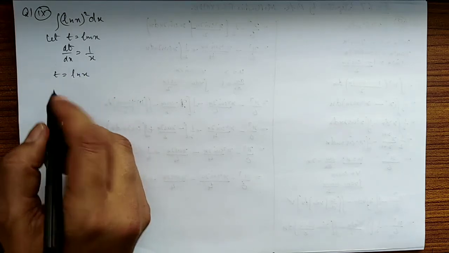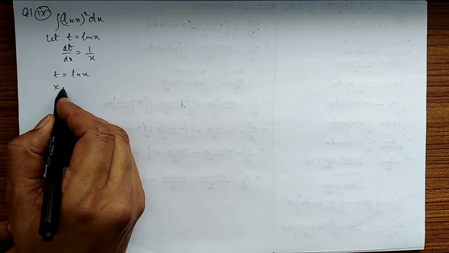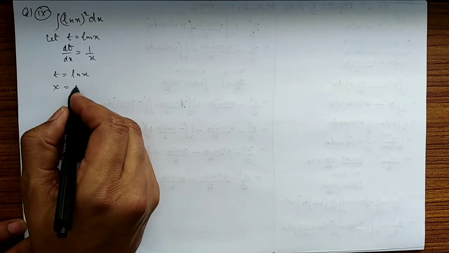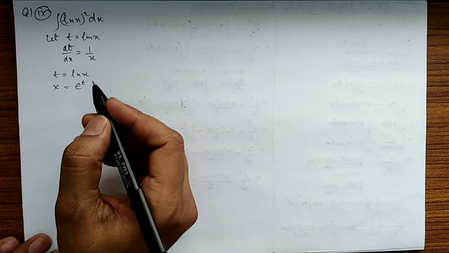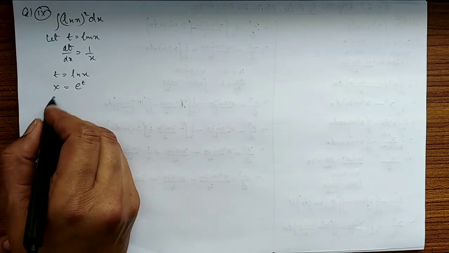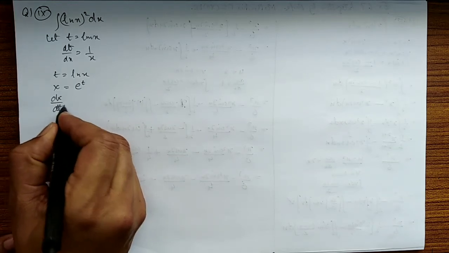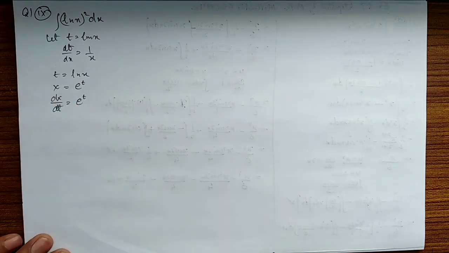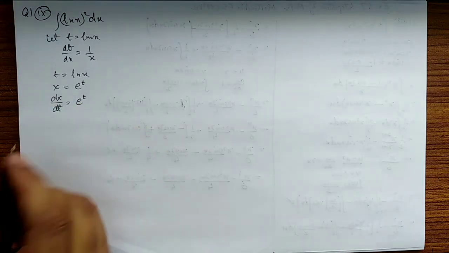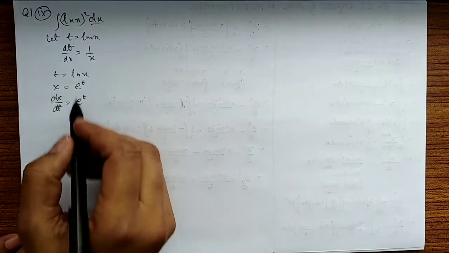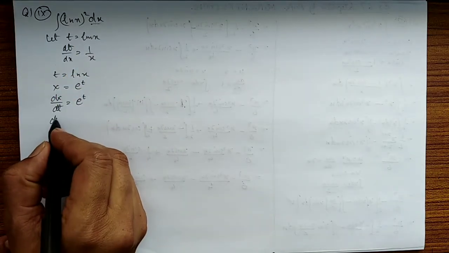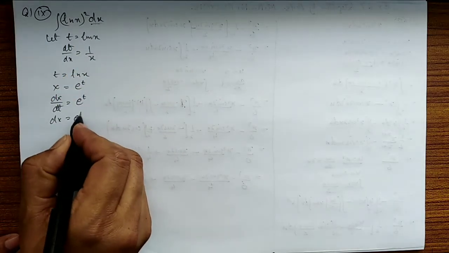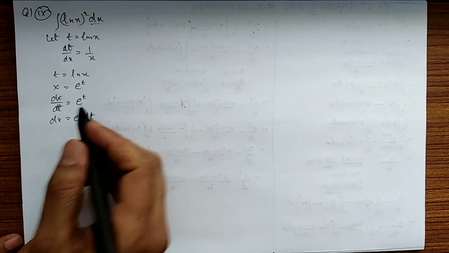So we can convert this into exponential form by writing x equals e to the power t. So taking the derivative, dx upon dt, the derivative of e power t will be same as it is. So dx equals e^t dt.